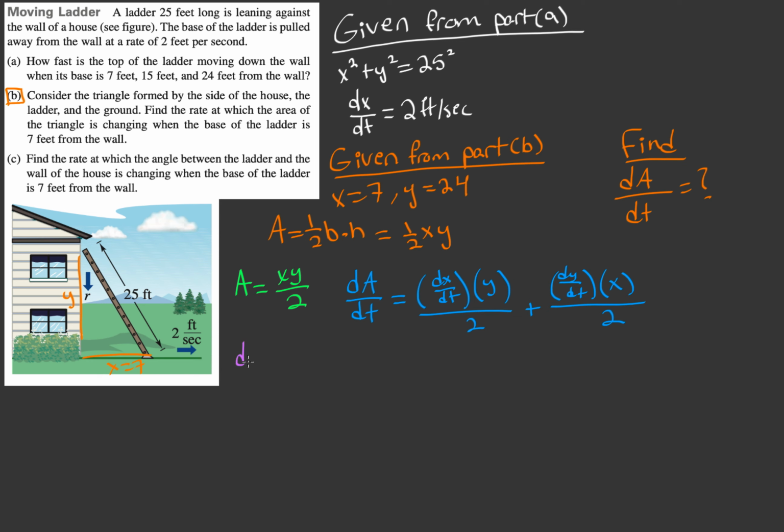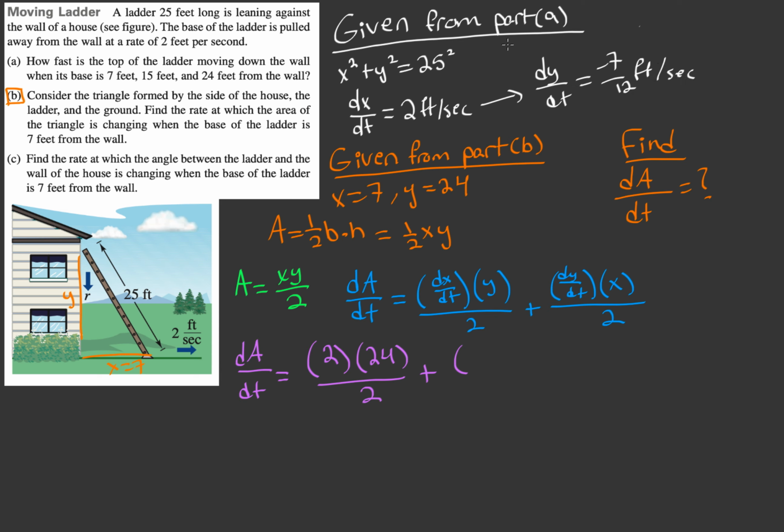We have dA/dt is equal to dx/dt, which is 2, times y, which we said is 24, over 2, plus dy/dt. Now, the reason I asked you to watch part A is that from part A, we found that dy/dt was equal to negative 7 over 12 feet per second.